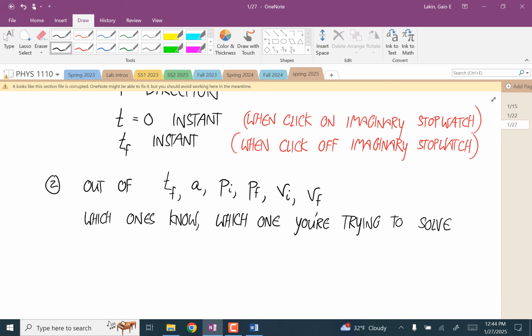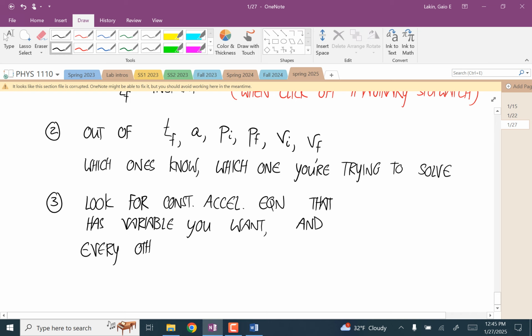And every other variable in the equation is known. And again, that's just mathematical necessity.